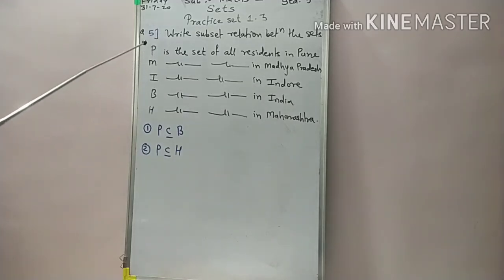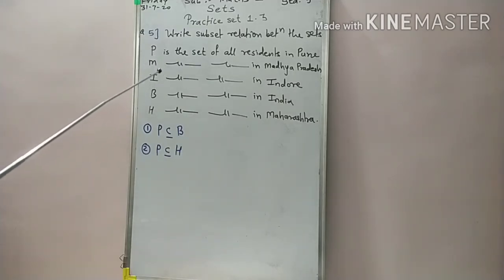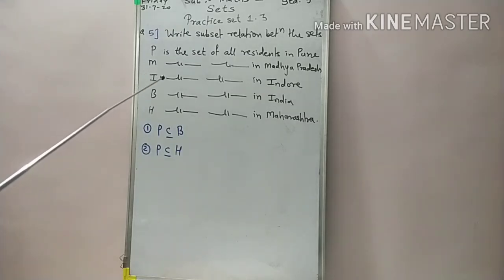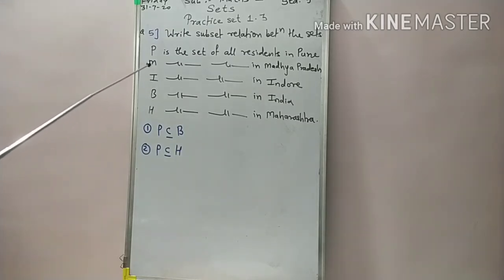So M is not a subset of P. We do not mention that, because you have to write down only the subset relations. Then Madhya Pradesh and Indore. Madhya Pradesh is a state and Indore is a city in Madhya Pradesh. So all the residents in Madhya Pradesh are not in Indore. So M is also not a subset of I.